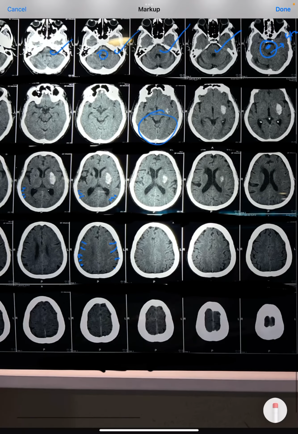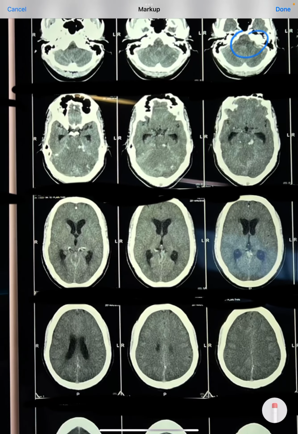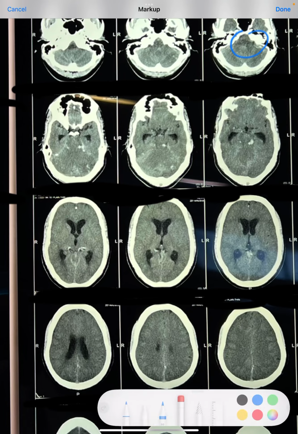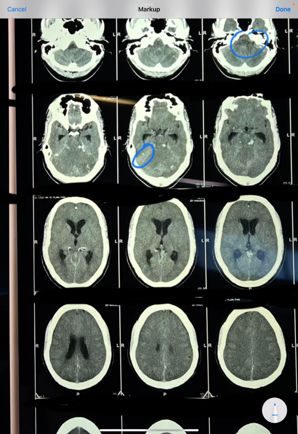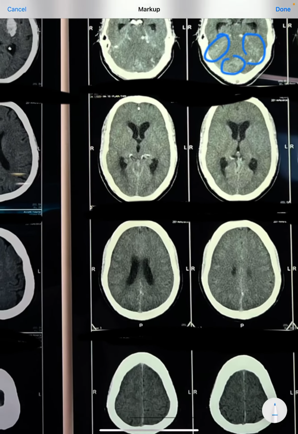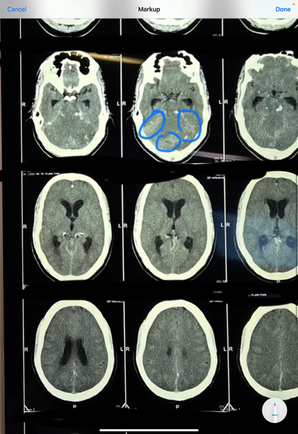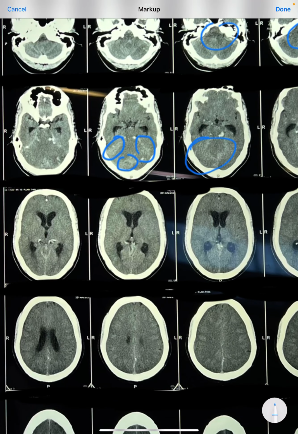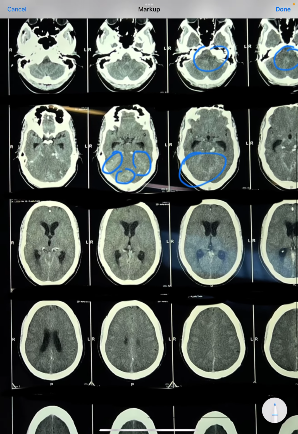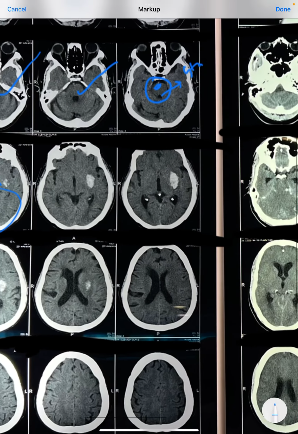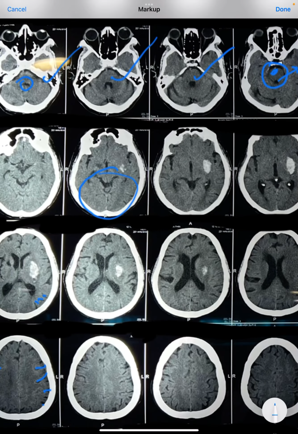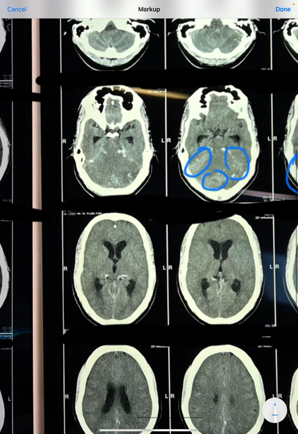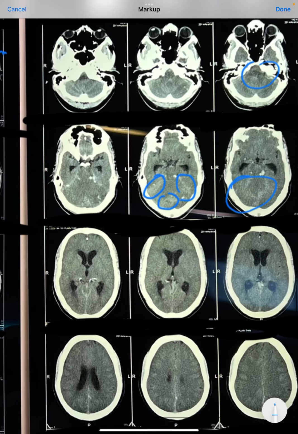But in here, these sulci appear so hyperdense or so white because of the presence of blood. And the sulci and gyri are so much less visible in these images, because there is so much blood in the subarachnoid space, as well as cerebral edema. That is the reason why the sulci and gyri are almost absent in this image, because of the presence of subarachnoid hemorrhage and the cerebral edema.